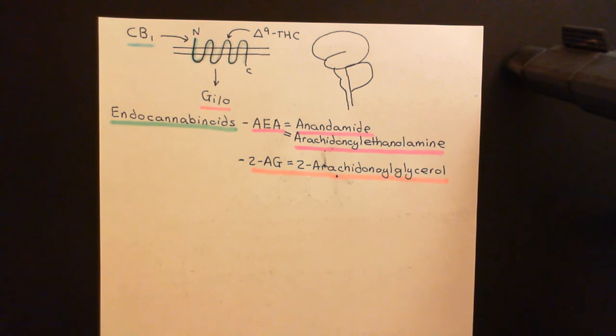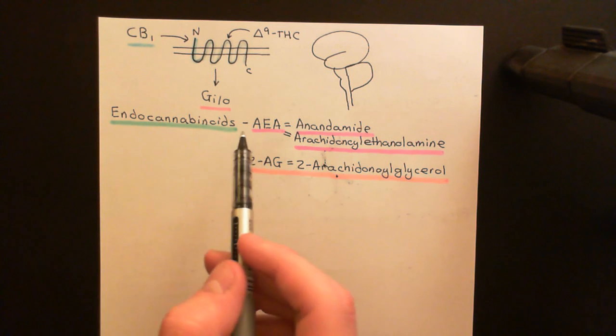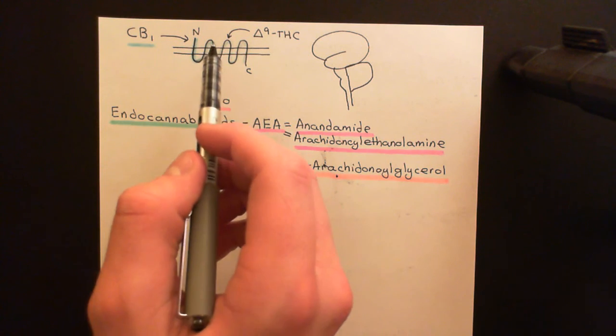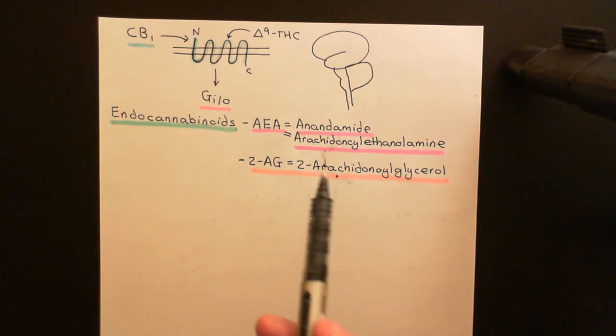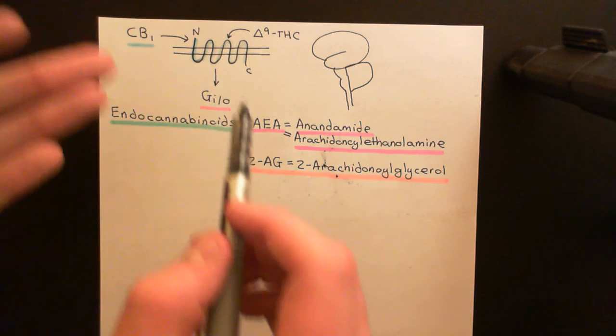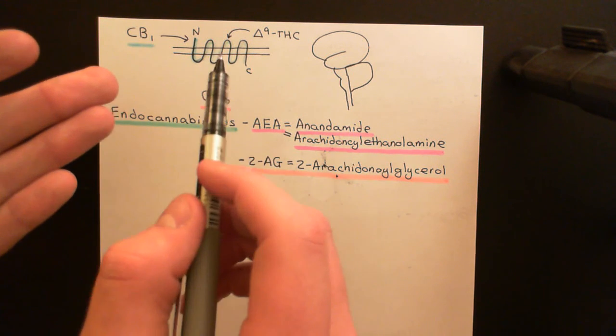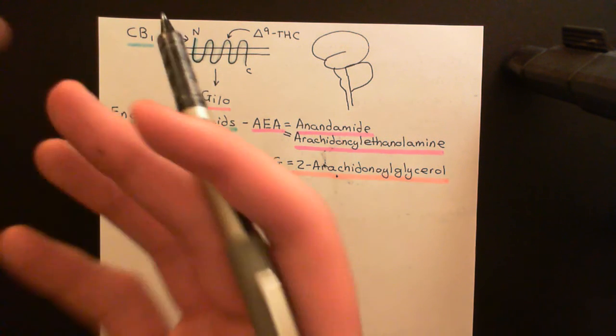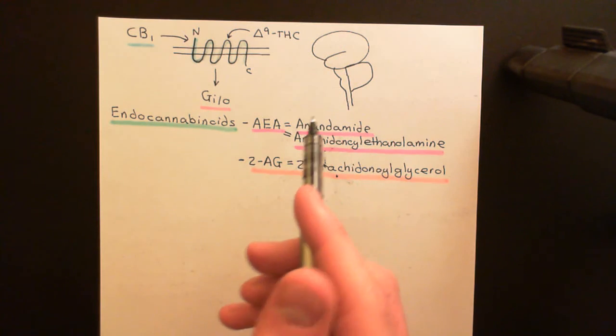Now, as I say, at the moment, we do not understand why neurons release these yet, okay, and what they're trying to do to other neurons. So clearly this is a signaling system. Neurons release these molecules to then influence the behavior of other neurons through this CB1 receptor, but we don't actually yet understand what the CB1 receptor's function is in the different areas of the brain.